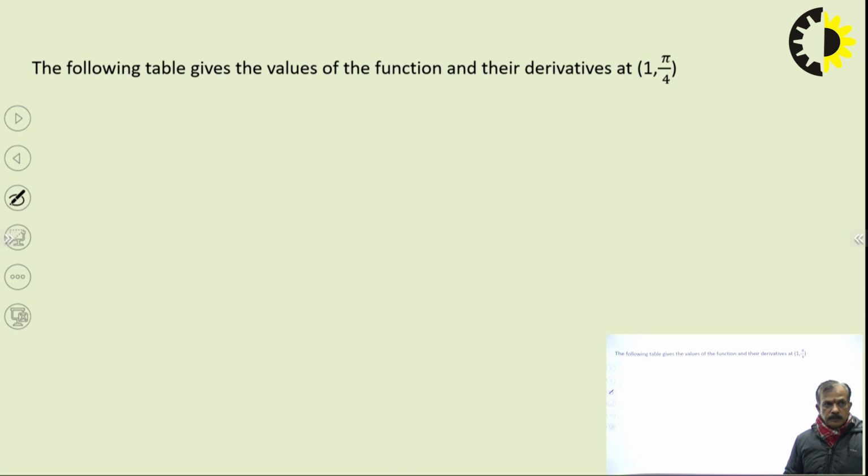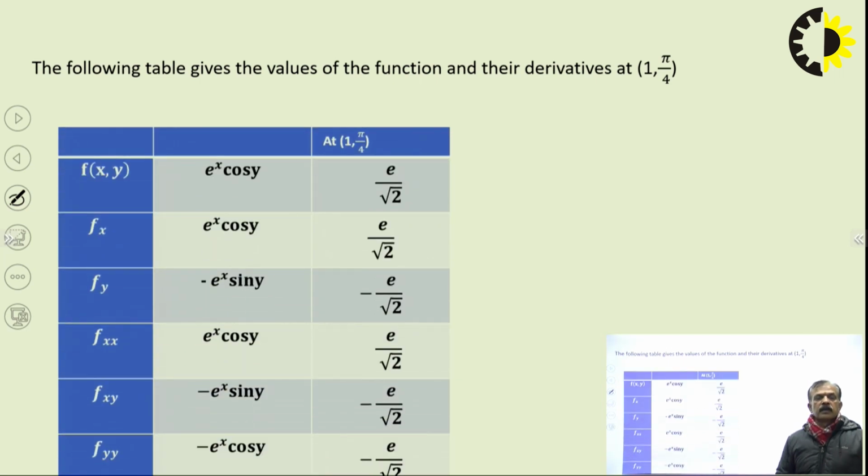Now, we require the values of the derivatives of f. Here f of x y equals e raised to the power x into cos of y, and we need the values of this function and its derivatives with respect to x and y both at x equal to 1 as well as y equal to pi by 4.